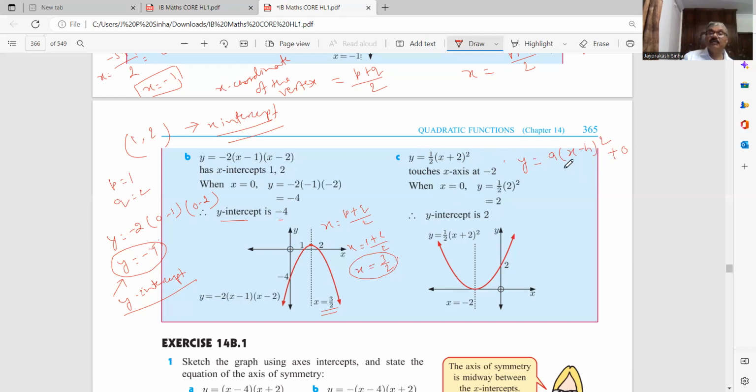So what is the axis of symmetry? The axis of symmetry will be x is equal to h. In this case, because here x plus 2 is there, y is equal to half of x plus 2 whole square. So what is the value of h here? Minus 2.